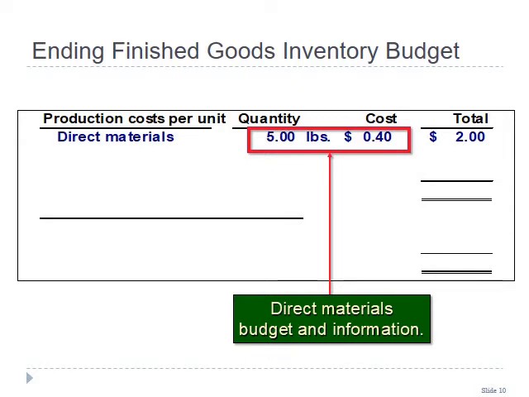So the Royal Company now can complete the ending finished goods inventory budget. The first step in preparing the budget is to compute the direct material cost per unit, and we know that each unit requires 5 pounds of material, and the cost is 0.40, so total is 2.